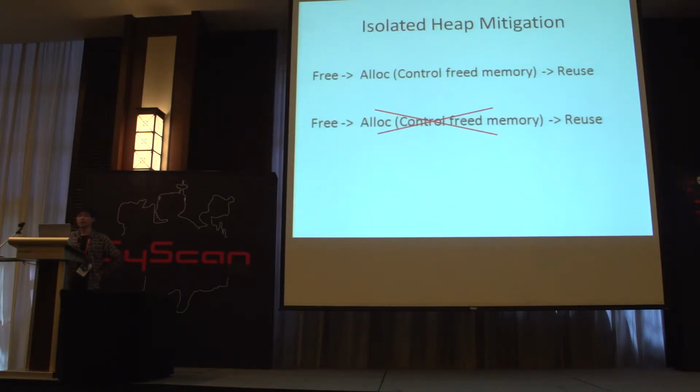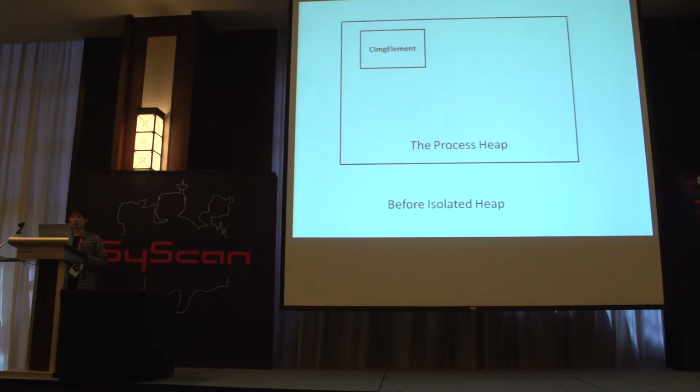Now, when an attacker tries to control the content of the freed object, they will have fewer choices because they can only use objects in the isolated heap to do this. So before the isolated heap mitigation, UAF exploits often used strings to control the content of the freed object.